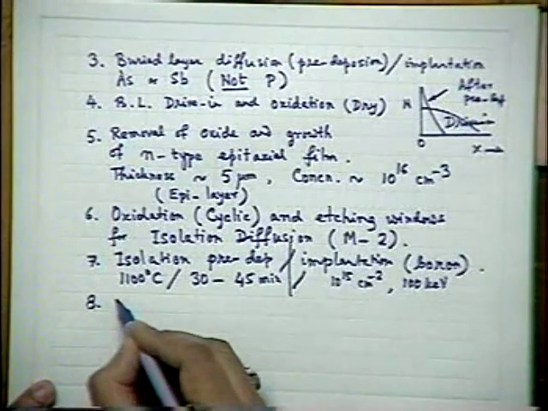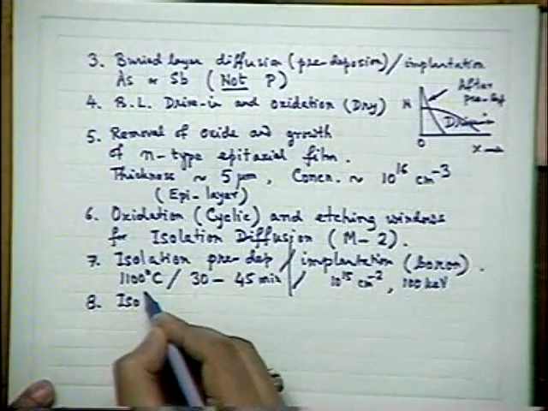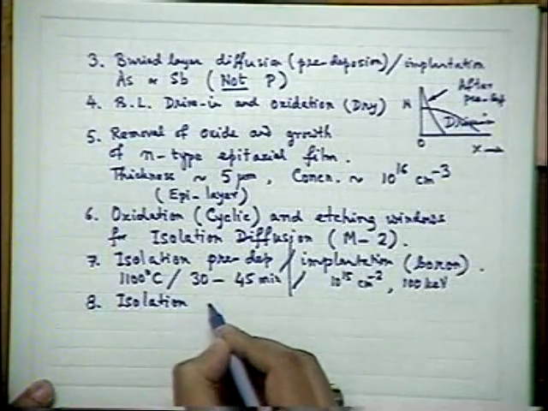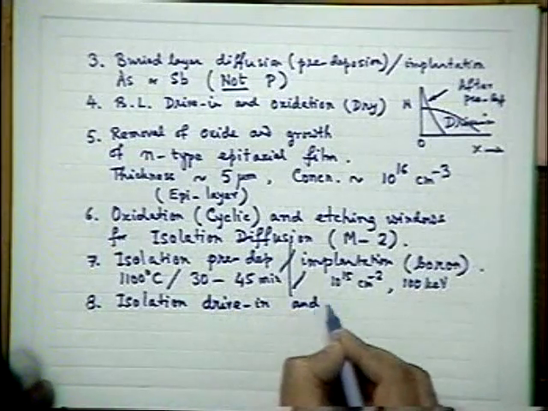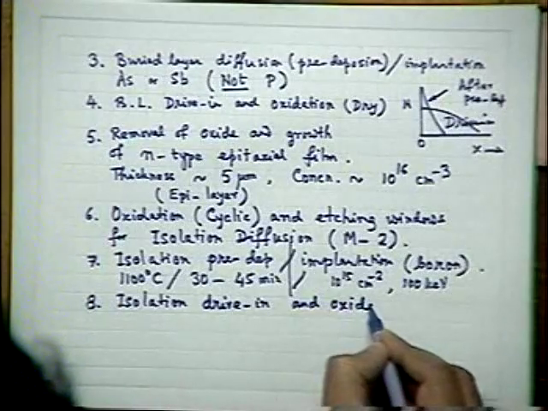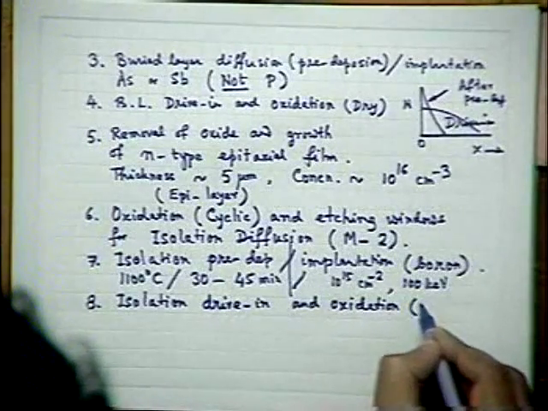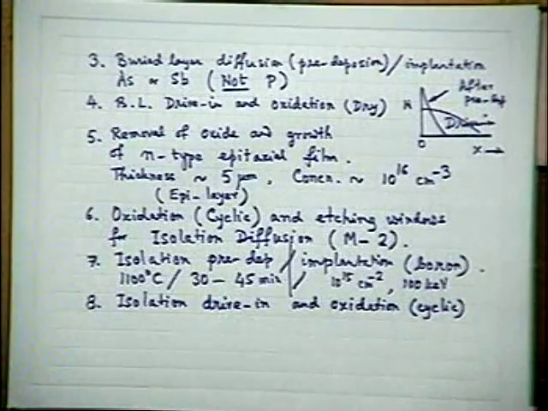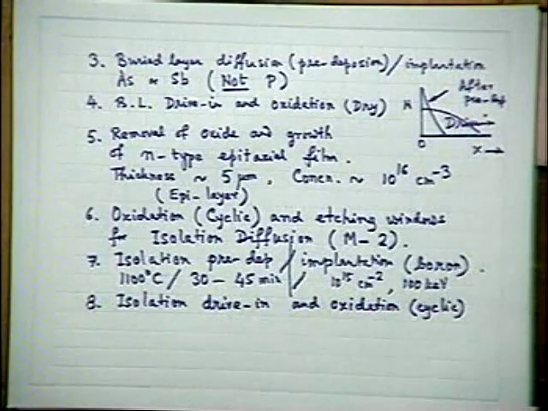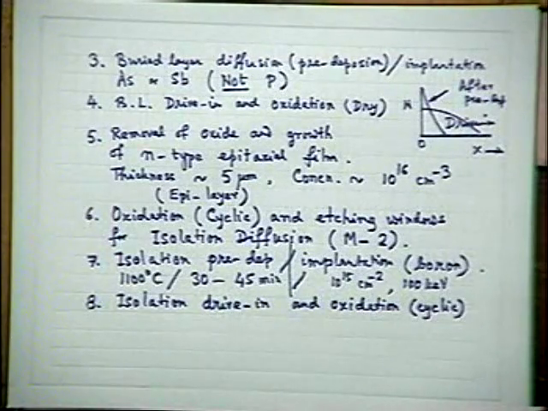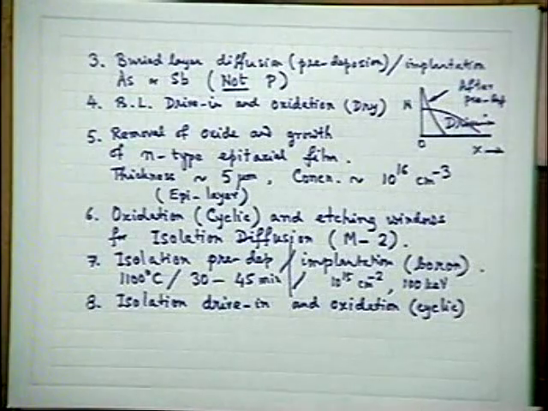8 is isolation drive-in. After the isolation deposition, or introduction of impurities through the isolation windows, we do some drive-in diffusion, again for driving the impurities into the substrate, all right?